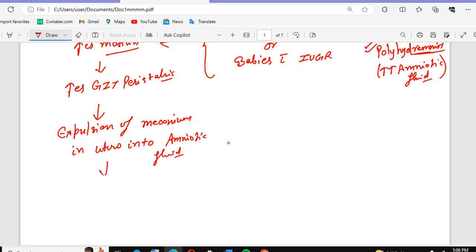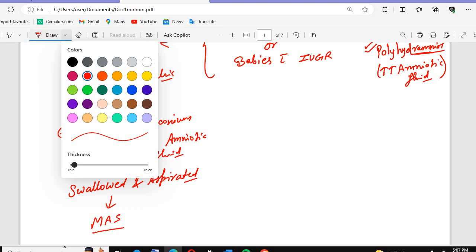Now this meconium, the first stool, is swallowed and aspirated by the baby, the fetus, and that will lead to meconium aspiration syndrome. Okay, I hope this is clear till now.